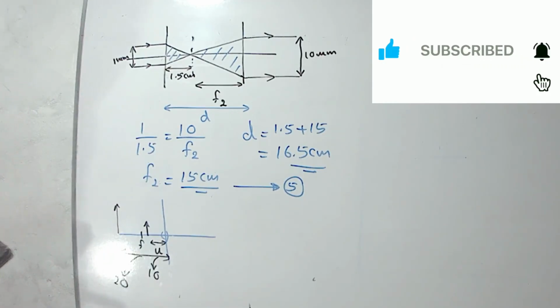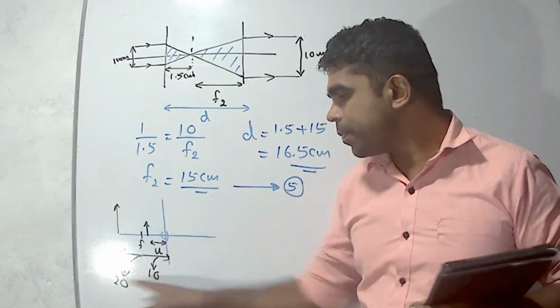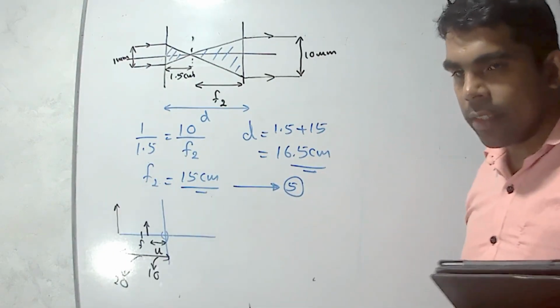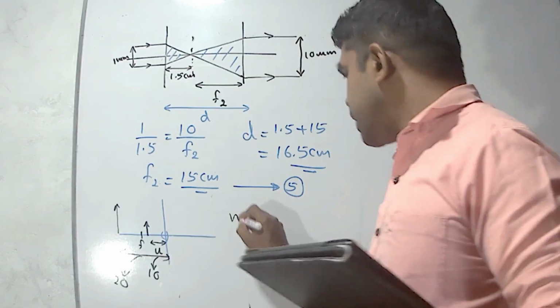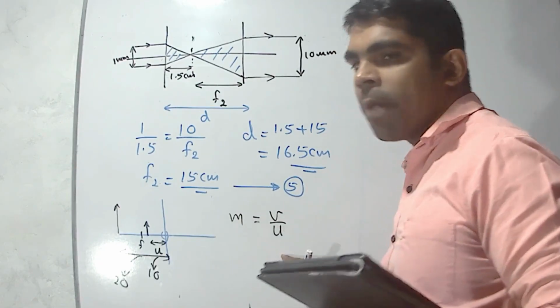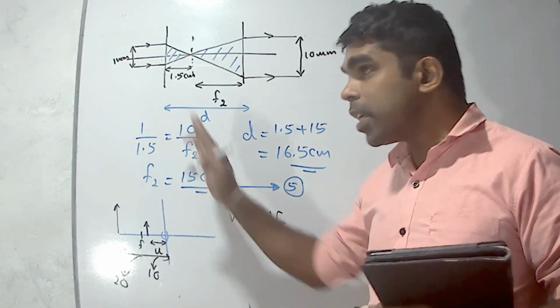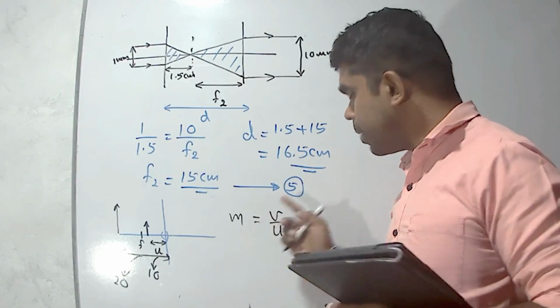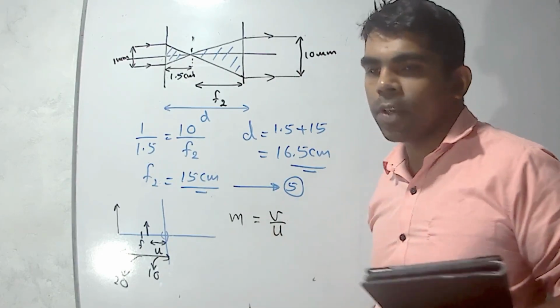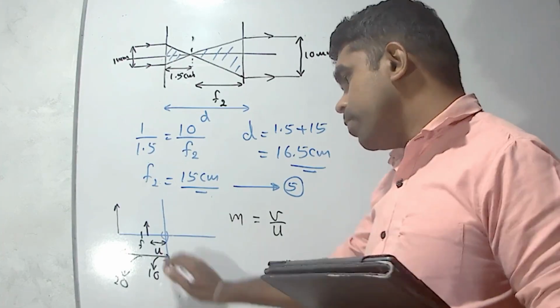We know that the linear magnification of an image formed by a convex lens is v divided by u, image distance divided by object distance. Therefore, if the image is twice the object, the image distance should be 2 times the object distance.